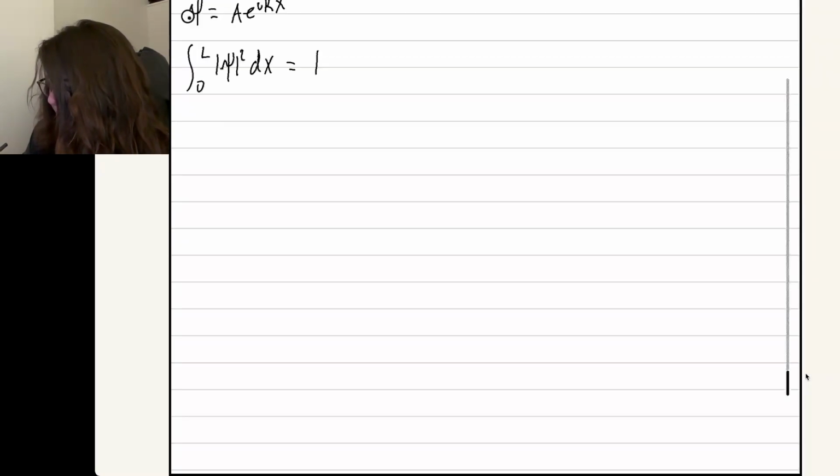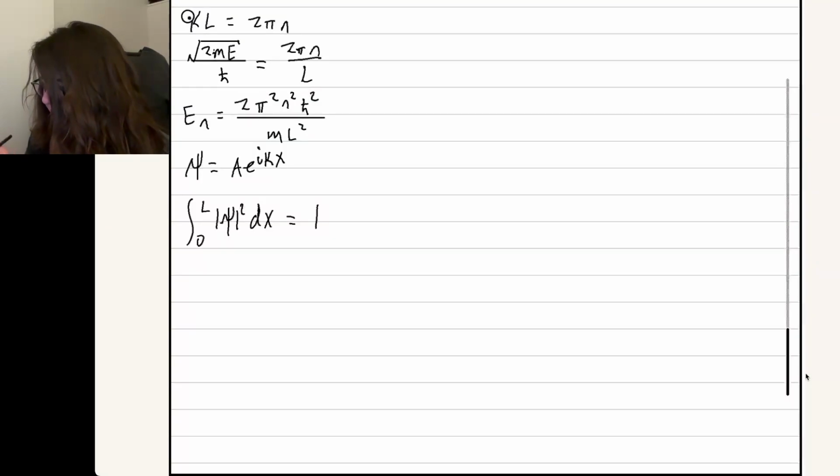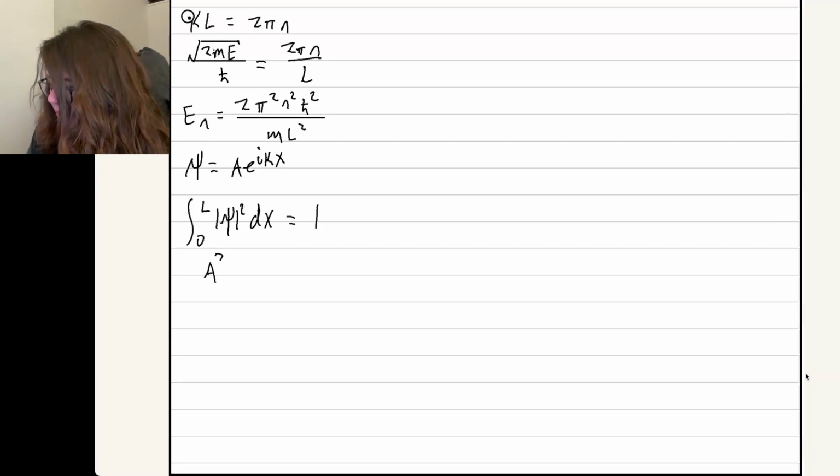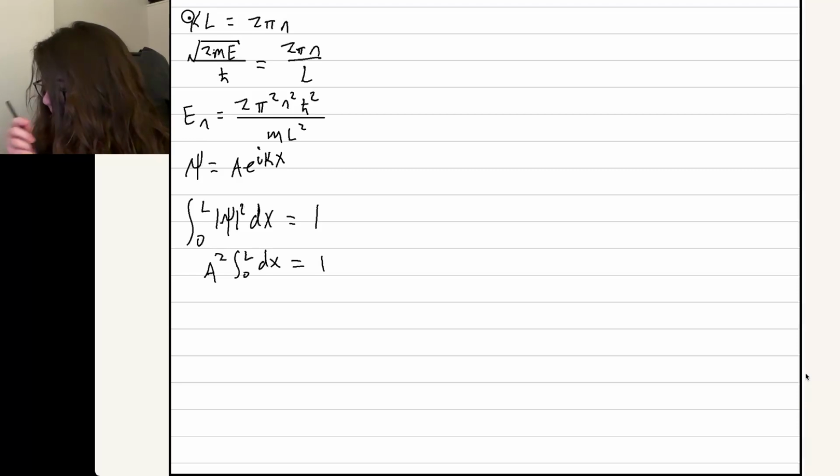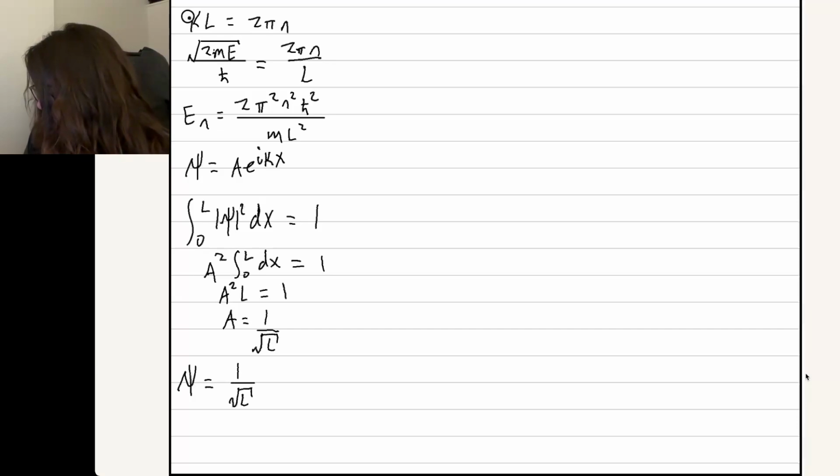Since all that's in the wave function is an imaginary exponent, it's going to get canceled out when you take the mod squared, so we have A squared integral from 0 to L dx equals 1. That is a pretty easy little integral. It just gives you L, and so you find that A is 1 over root L, and then you can find that the wave function is just 1 over root L e to the ikx.